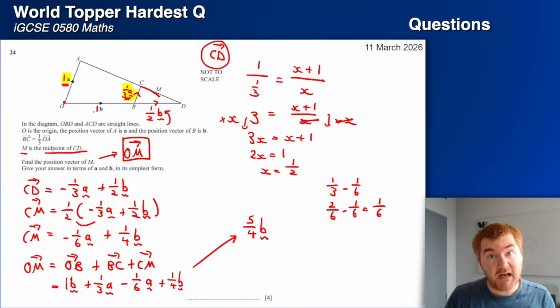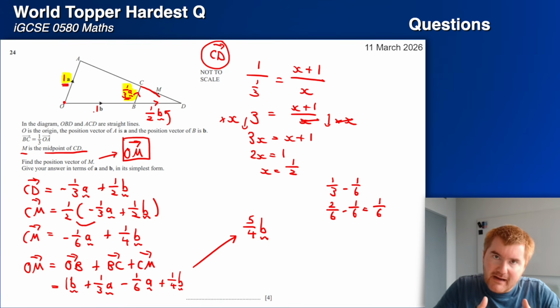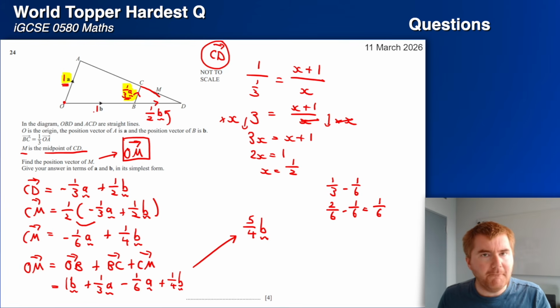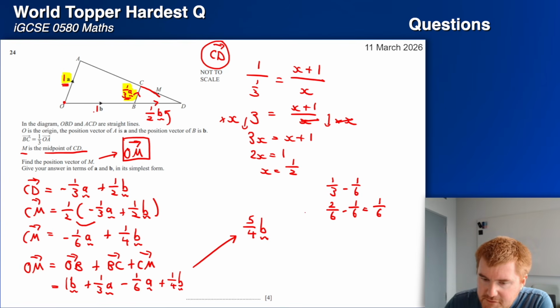Sometimes they happen towards the start of the paper, your standard dividing, multiplying, etc. However, where it becomes really important for A-star students like yourself is being able to really be comfortable with fractions and decimals within, say, a vectors question or a simultaneous equations question outside of that direct context. So you really do need to be confident. If you need to improve your fraction skills, then make sure you do check out my predicted papers, which I will put above. So we have 2/6 minus 1/6, which is 1/6.